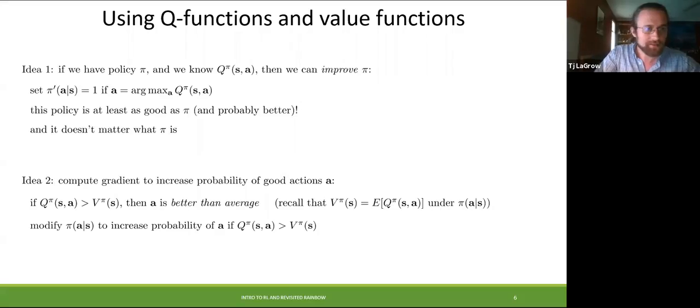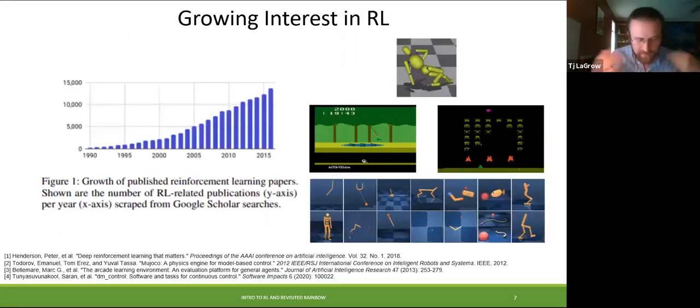Any other questions? Wonderful. So to give some motivation of why I'm interested in revisiting Rainbow, since the introduction of DQN, reinforcement learning has witnessed a dramatic increase as described by Deep Reinforcement Learning That Matters, which is a seminal paper that came out a couple years ago that a lot of people cite.